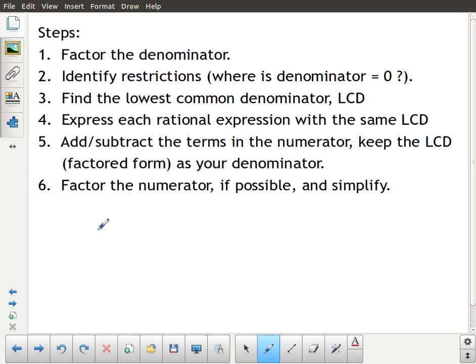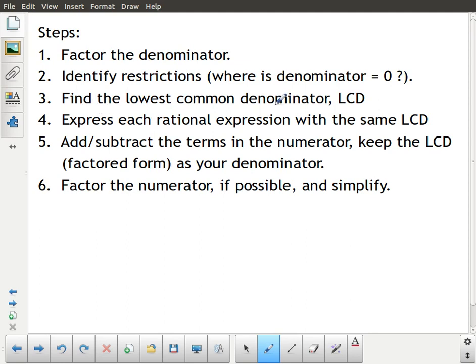In general, you can see we started with factoring the denominator if necessary. Actually, in our original question there, we didn't have to do this yet. Identifying restrictions, you'll notice that I identified my restrictions at the end. There is some movement you can have in the order of these steps, but you always need to be thinking about restrictions.